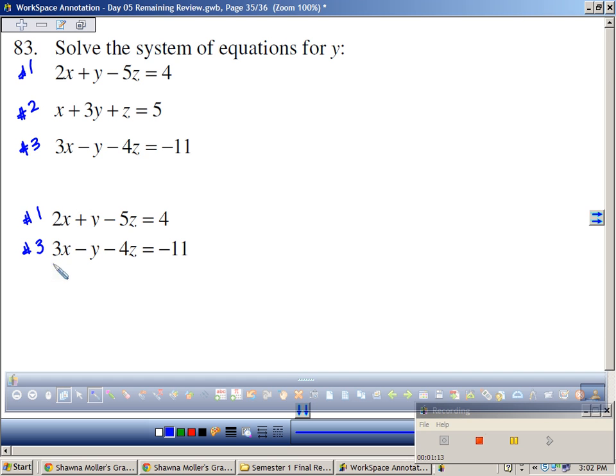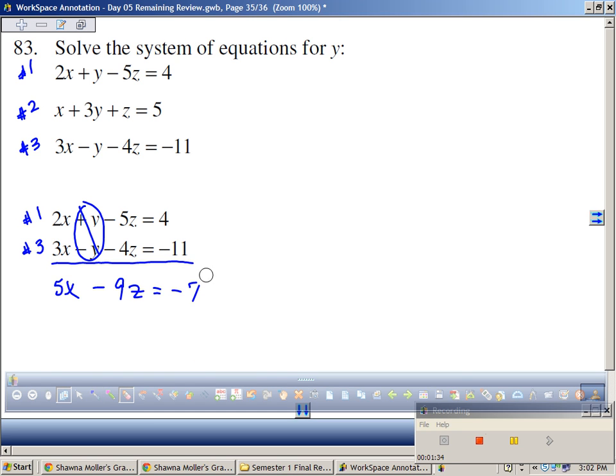And when I add them together, my y's cancel, and I get 5x minus 9z equals negative 7. Okay, so 5x minus 9z equals negative 7.